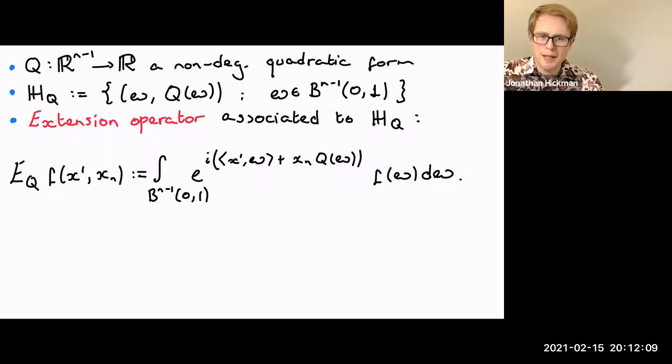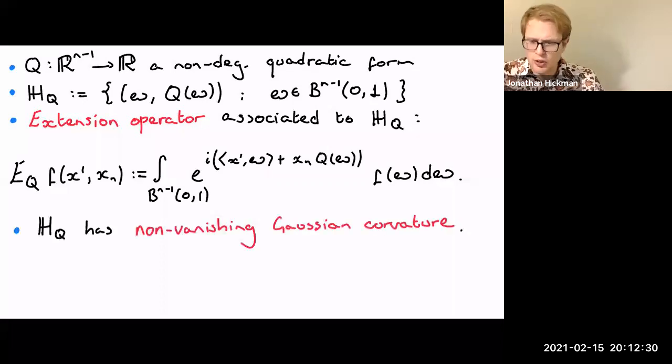Of course, this is a meeting all about restriction theory and these extension operators, so I'm not going to spend any time motivating this definition. We'll take it for granted that this is an interesting operator to study. And the fundamental question is to understand its LP mapping properties.